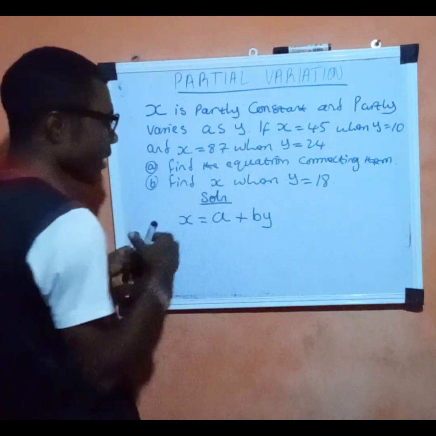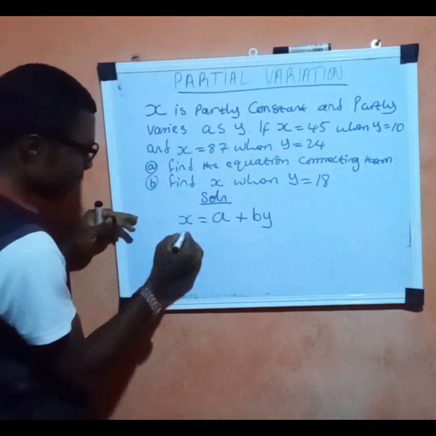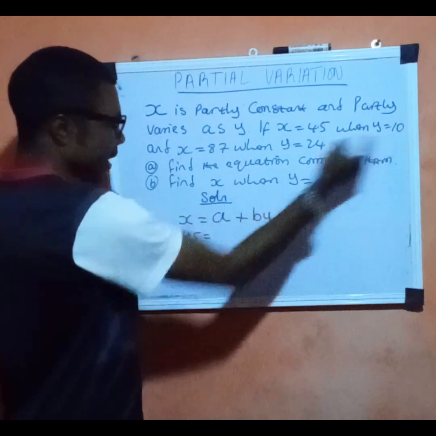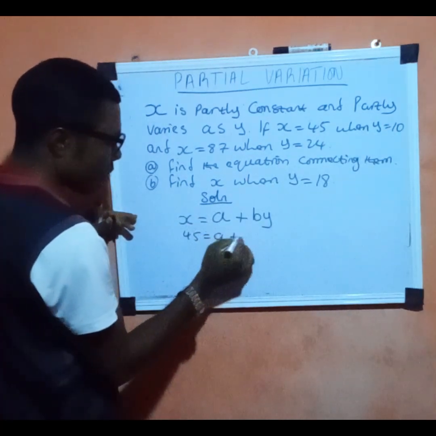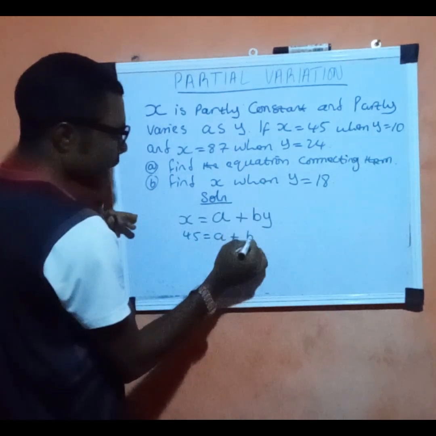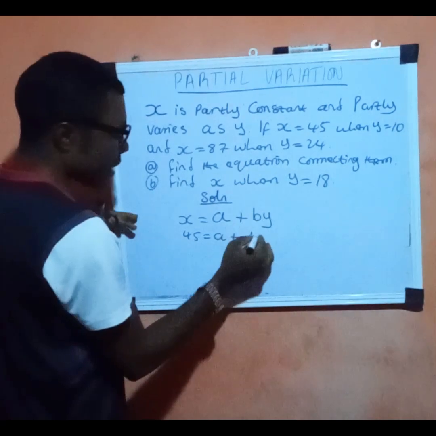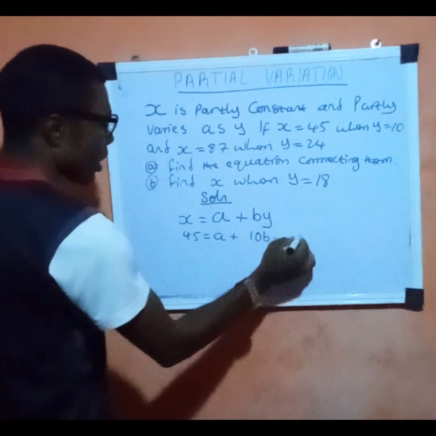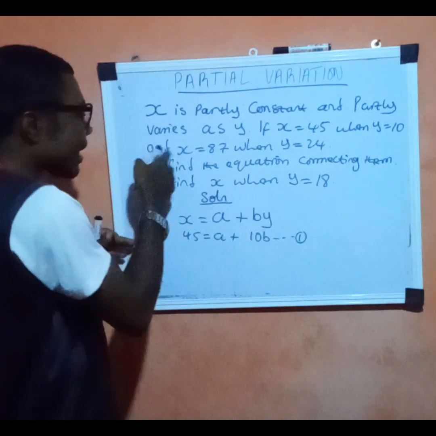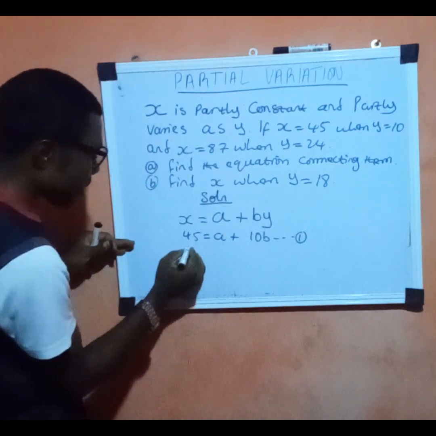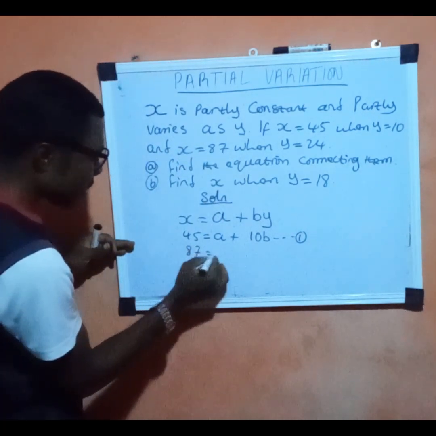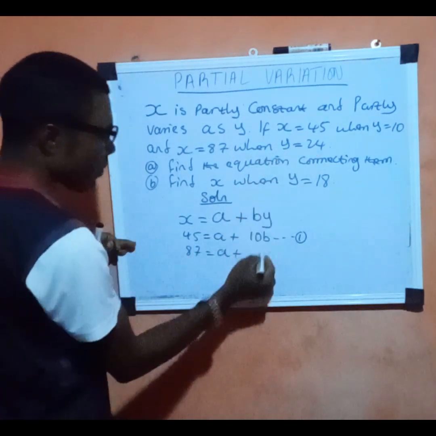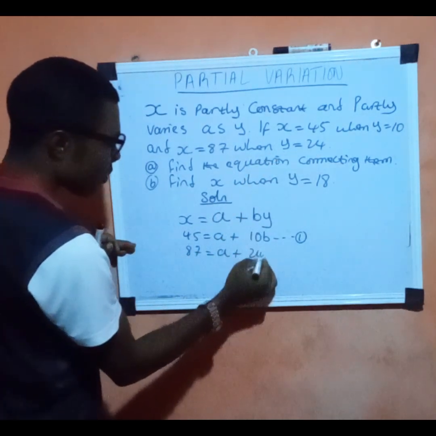If X is 45, so we have 45 is equal to, when Y is 10, A plus B times 10, which we can write as 10B. Okay? This is one of the equations. And X is 87, the second one, 87 equals A plus, when Y is 24, 24B.